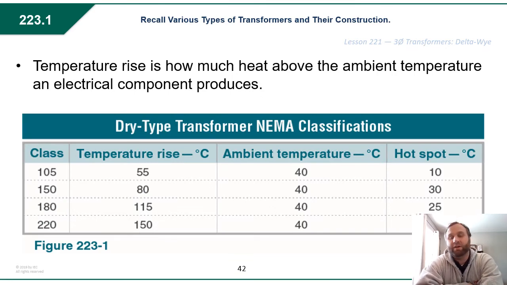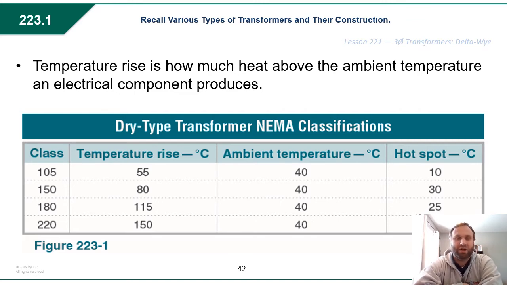When it comes to transformers, temperature rise is how much heat above the ambient temperature an electrical component produces. So if I've got a NEMA class 105 transformer, its temperature rises at least 55 degrees above ambient temperature. Now this NEMA class 105 transformer would have to consider the ambient temperature of 40 degrees.